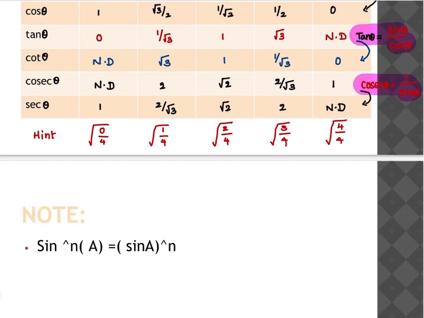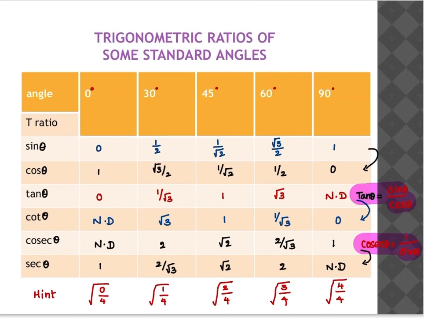Also sine 30 degrees and cos 60 are equal, sine 45 and cos 45 are equal, sine 60 and cos 30 will be equal. So complementary angles are equal here, right? So these are the points you have to remember, right?